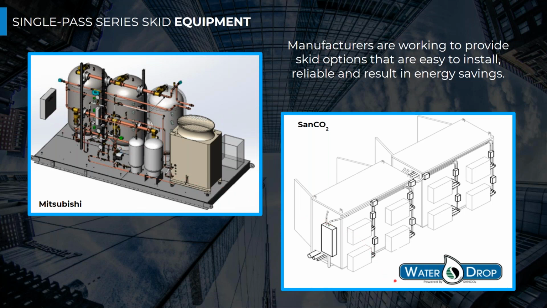Sanden, or now Sanco2, is also developing this water drop product from Small Planet Supply, a local Seattle rep or Washington State rep. And that's using a bunch of Sanden small, about 1.25 ton or about 15,000 BTUs per hour heat pump water heaters.